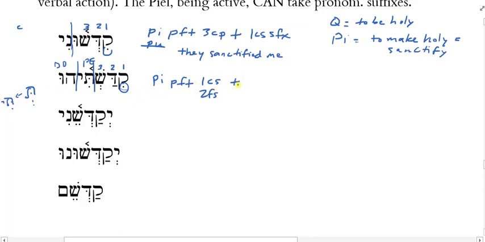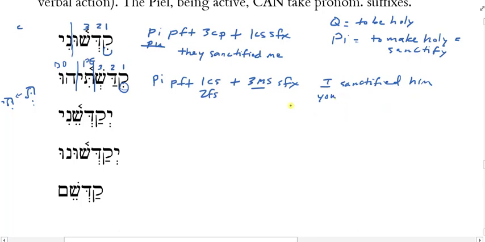And then I have the hu for the direct object pronoun. Which person gender number is that? It's 3MS. Okay? So, if we translate this with the first common singular subject, it's I what? Kiddashti. I sanctified. And whom did I sanctify? 3MS. Him. Okay? And if it's 2FS, it's you sanctified him. Okay?